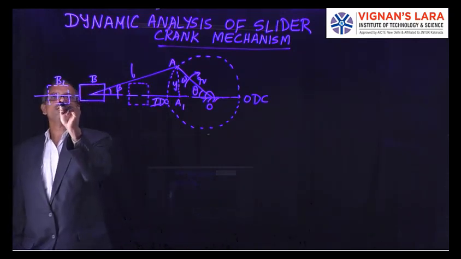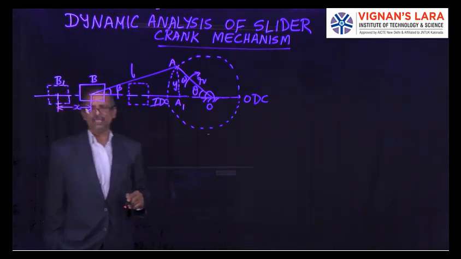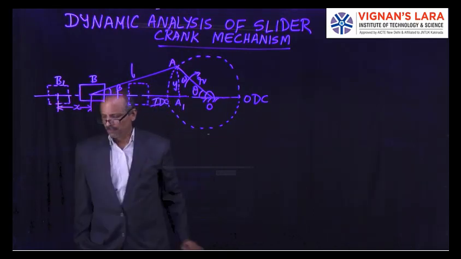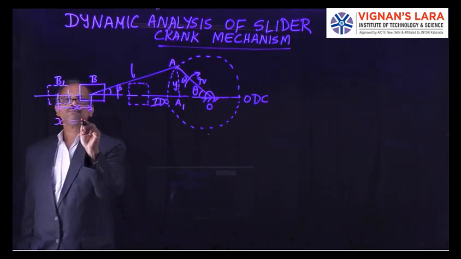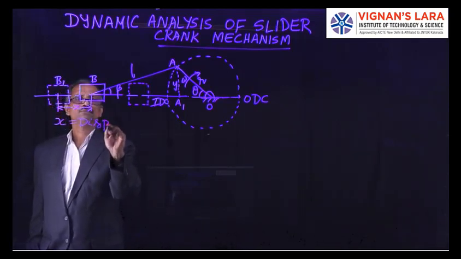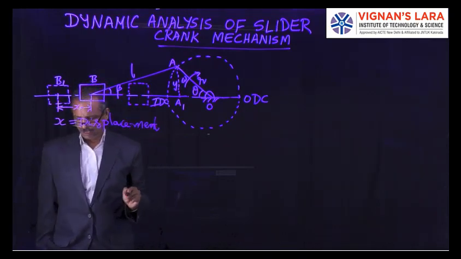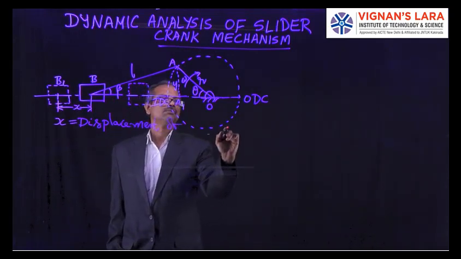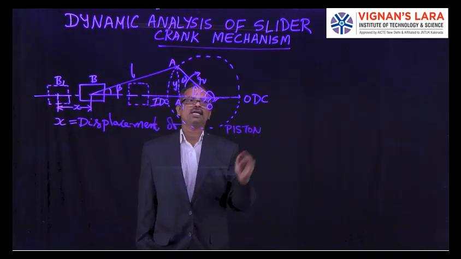So I will call this distance from B1 to B as X. So X is the displacement of piston from inner dead center.